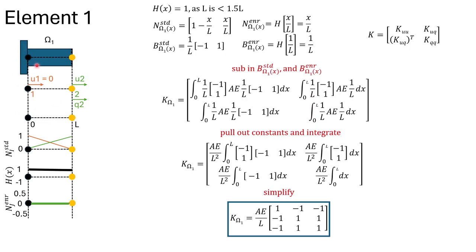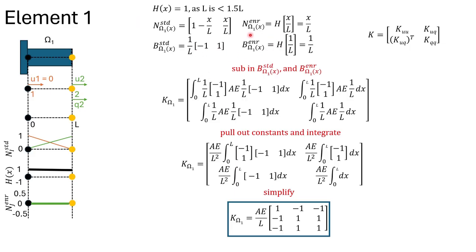We have one standard node and then one enriched node. And then defining our shape functions and our strain matrices are right up here. So we have our standard shape function as 1 minus x over L and x over L, and our enriched shape function as h times x over L, which we can represent here, because h is 1, as just x over L. Our strain matrix for the standard portion of this element is 1 over L times the matrix [-1, 1].